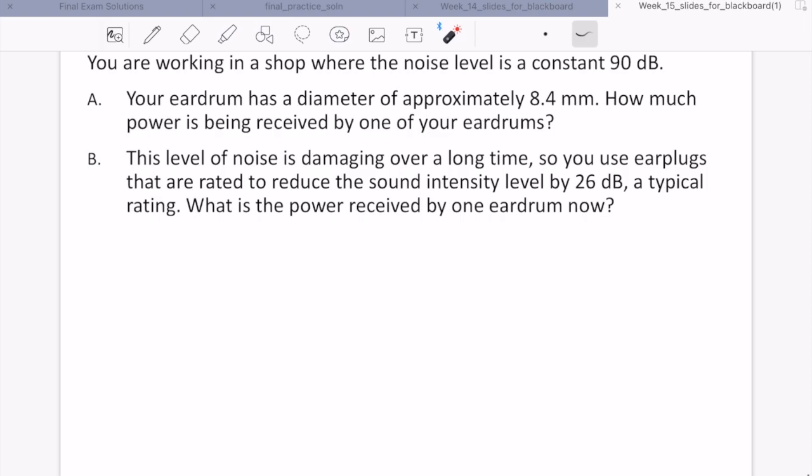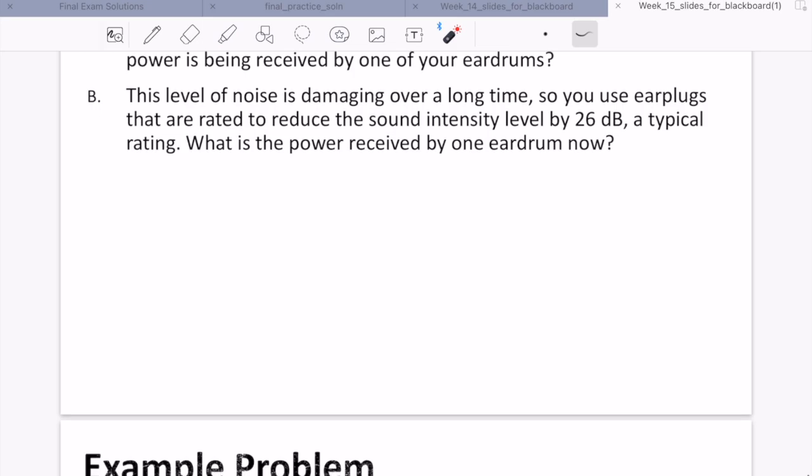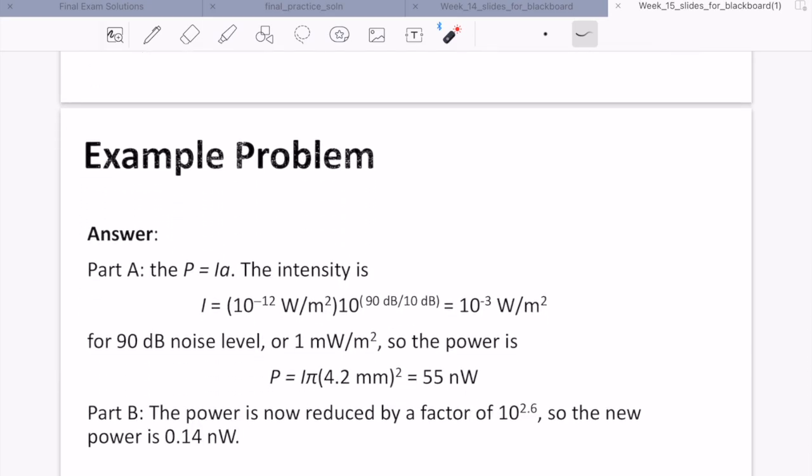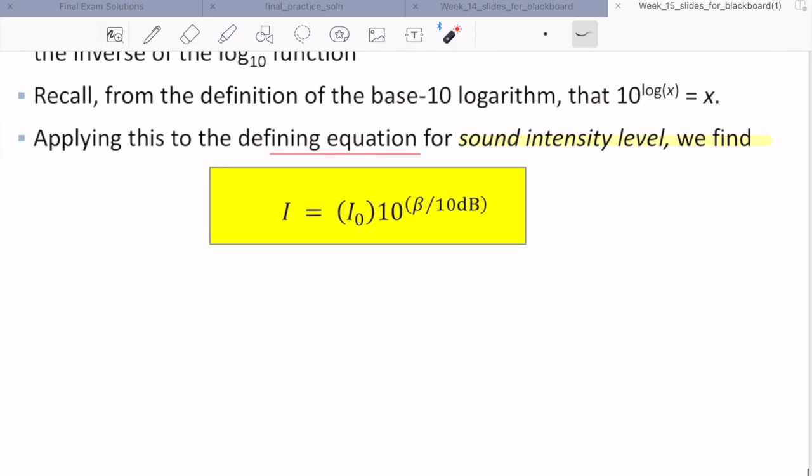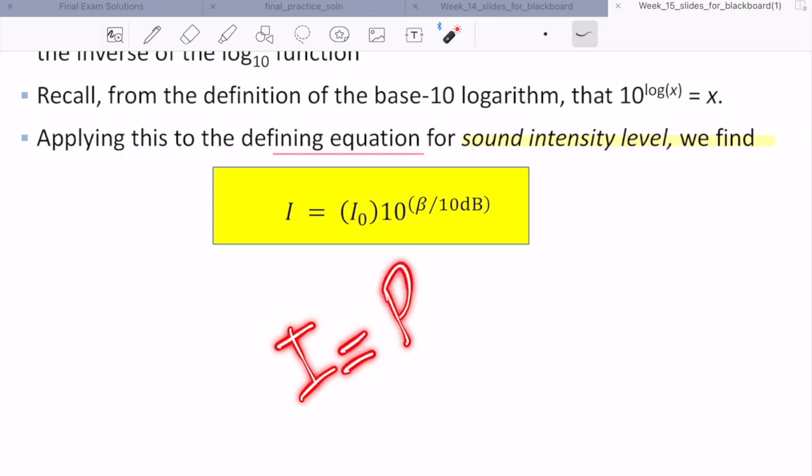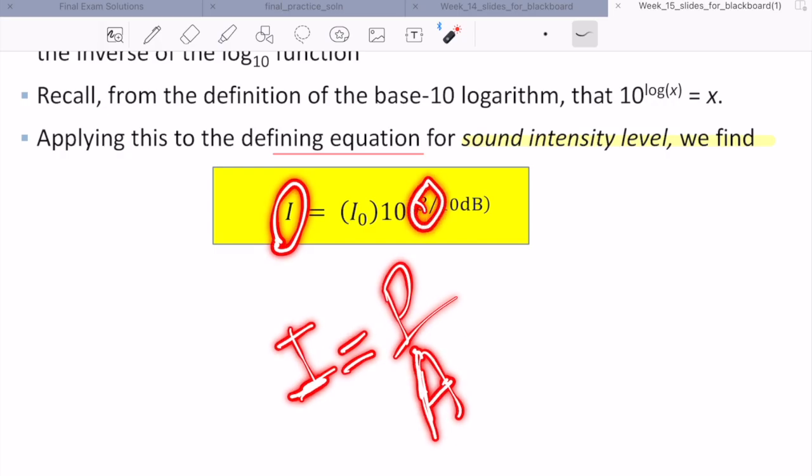And then for part B, they're saying the level of noise is damaging over a long time, so you use earplugs that are rated to reduce the sound intensity level by 26 decibels. What is the power received by one eardrum now? So we want to figure out the power again. Remember, power depends on intensity is equal to power over area. If we're keeping the same area but changing the intensity, the intensity is dependent on the sound intensity level, the decibels.